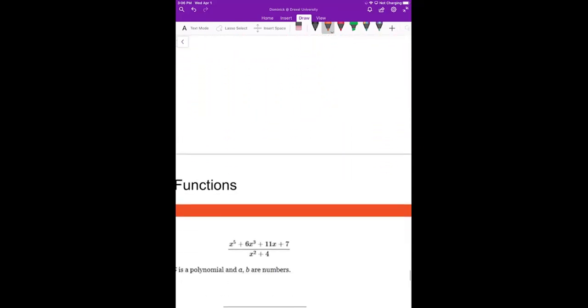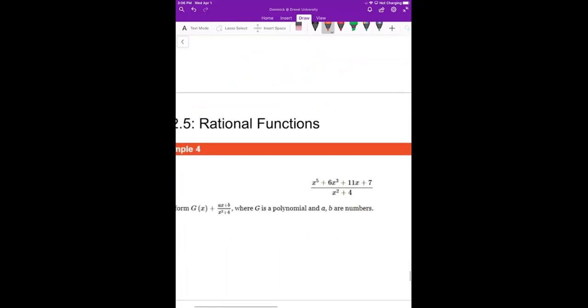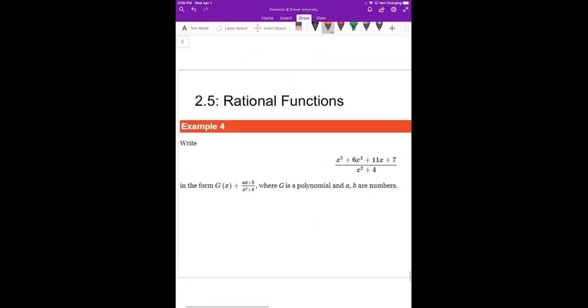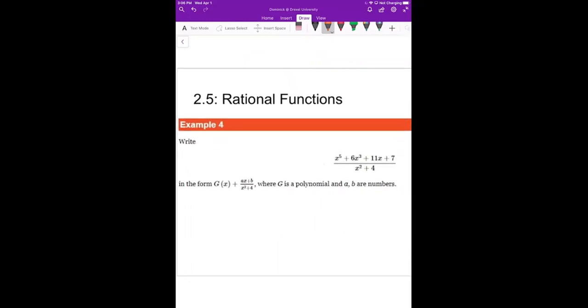Okay, so the next example, now we want to talk about how we can do long division here. So here we have that the power on top is bigger than the power on the bottom, right?